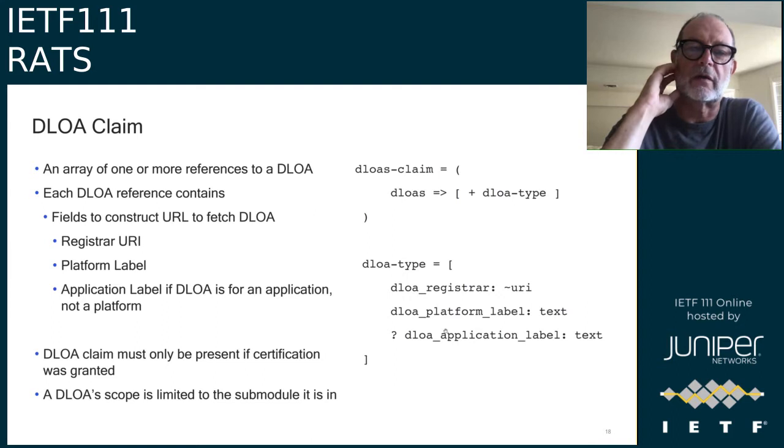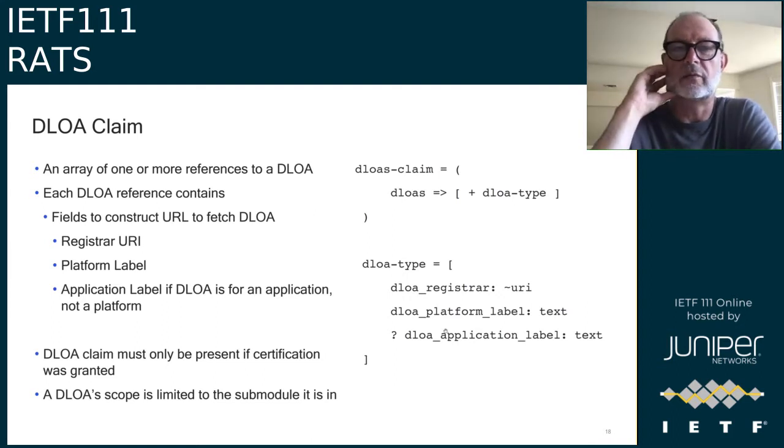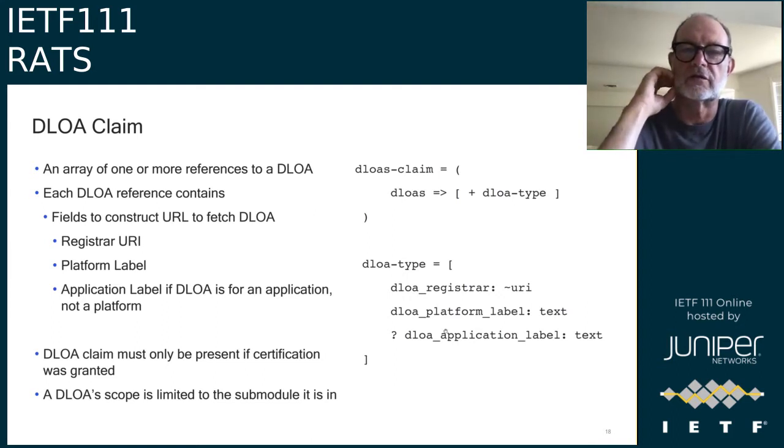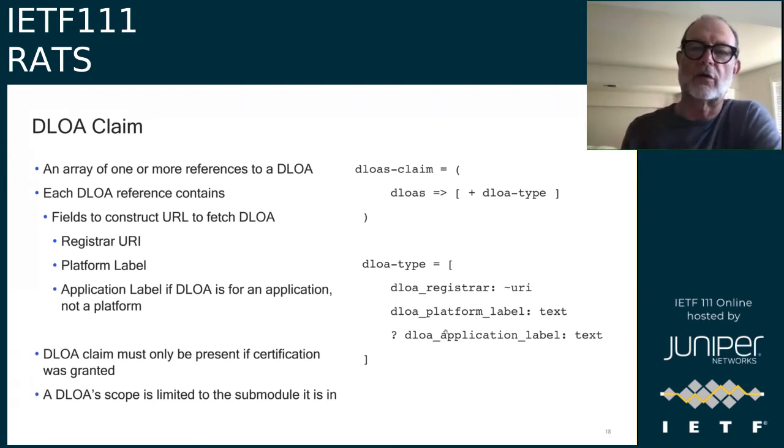So I wanted to add this to EAT as it seems like an important thing to know, certifications, and a really good example of something that a verifier would know, that a relying party would want to know, but the attester does not have, and you wouldn't believe it if it came from the attester. Next slide.